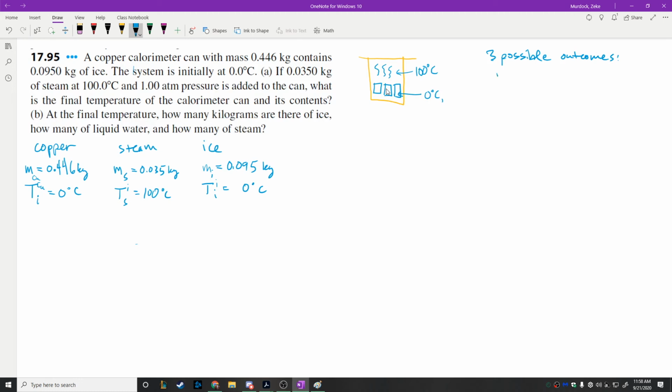It's either all water, ice plus water, or water plus steam. Now, the nice thing about the last 2 possibilities is in this case, we know the temperature is 0, right? I don't think that's very likely.